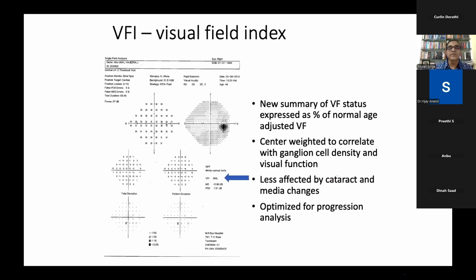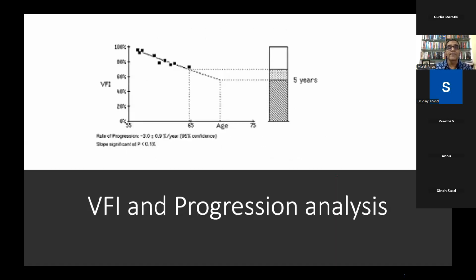It is a relatively new summary of the visual field status, so we do need to understand what the VFI is. This is the progression analysis using the VFI, with the projected trend over the next 5 years. Looking at this VFI trend and the rate of progression, you can extrapolate and guess that this patient is going to get worse over the next 5 years.